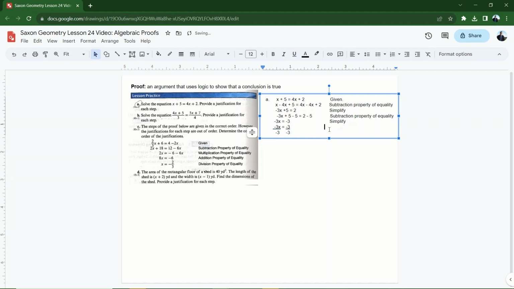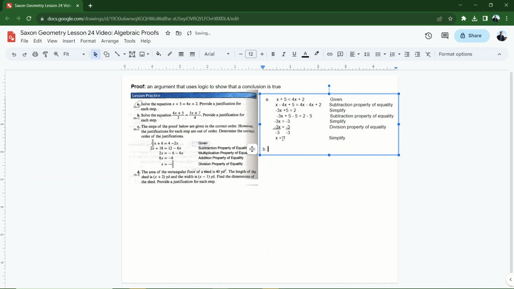All right, so that's the division property of equality. x equals 1, I'm sorry, when I simplify. And now I know what x equals, so I'm done. My final step in an algebraic proof is just going to be whatever x equals at the end.